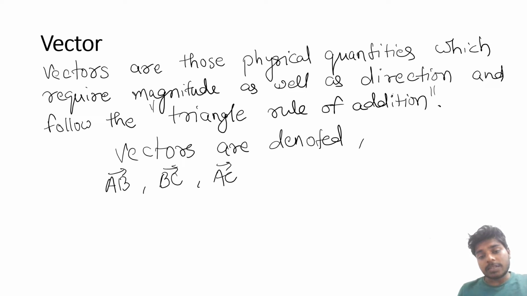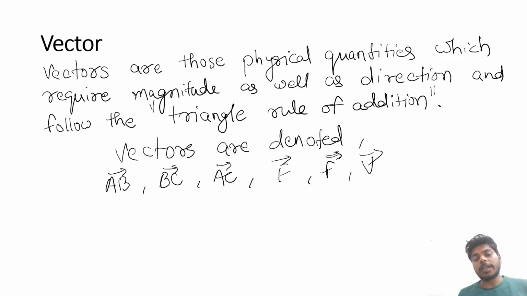We have to put an arrow, and sometimes we do it for force, and velocity vector is shown like this. In this way we denote the vectors. We have already shared that current and pressure do not follow the triangle rule of addition. That is why they do not fall into the category of vector.